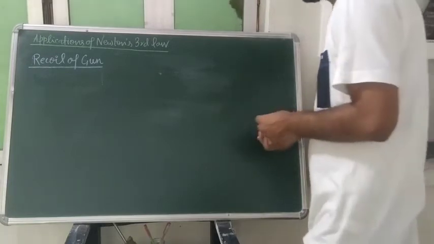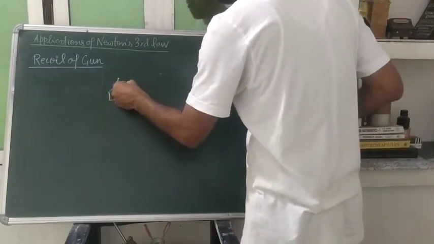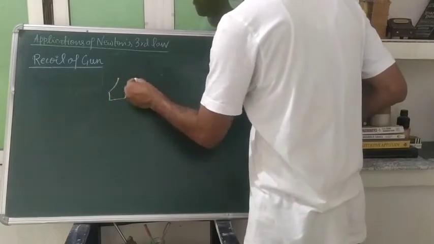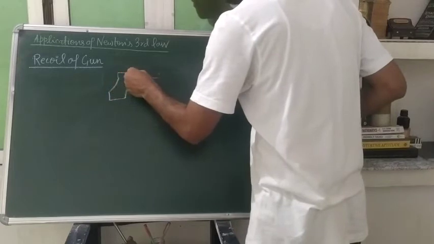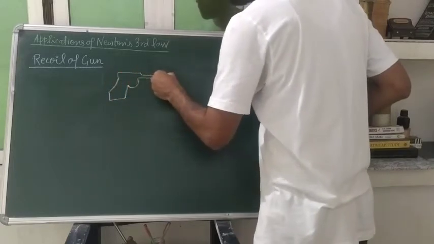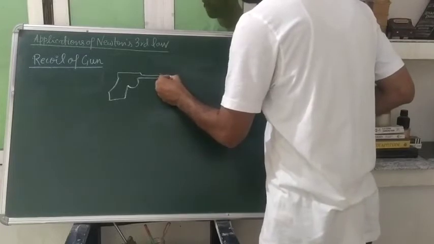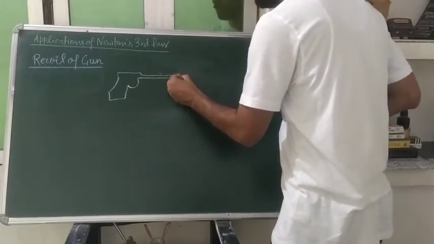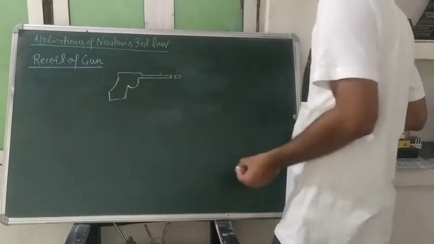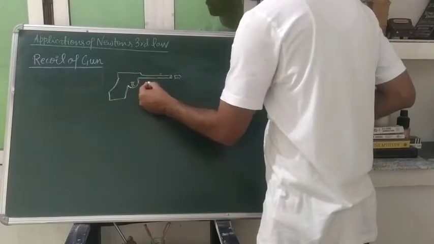So we have a gun here, and we are shooting and the bullet is coming out from it. You can see the trigger here.